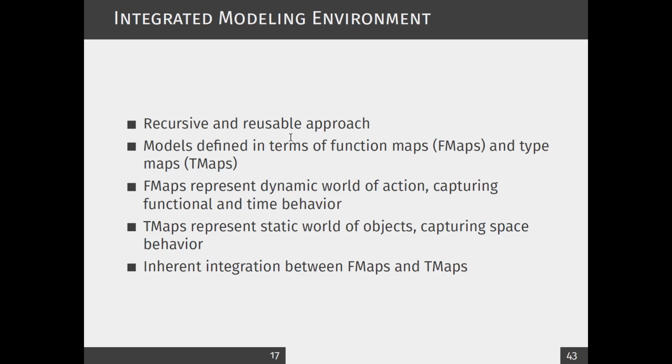F maps, the function maps, represent the dynamic world of action, and they capture the functional and timing behavior. Type maps represent the static world of objects, and they capture the space behavior. So we can inherently integrate these two, the F maps and the T maps.